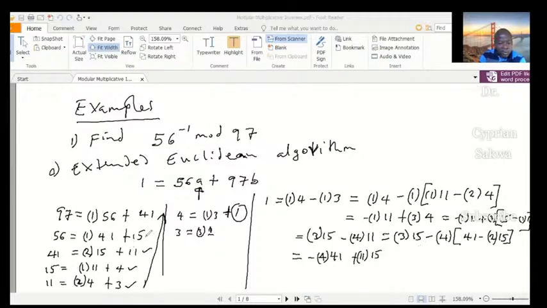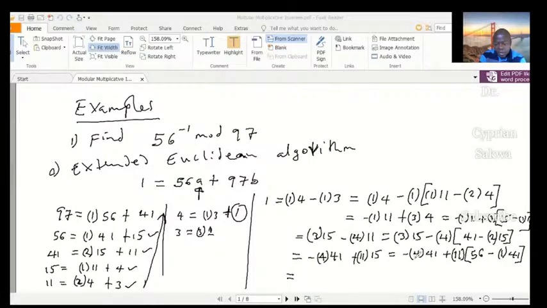Now, what is 15? 15 is 56 minus 1 times 41. So this is negative 4 times 41 plus 11 times, instead of 15 we're writing 56 minus 1 times 41. So let's open this bracket.